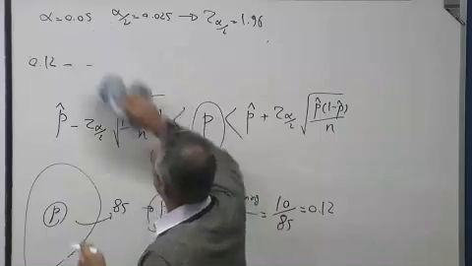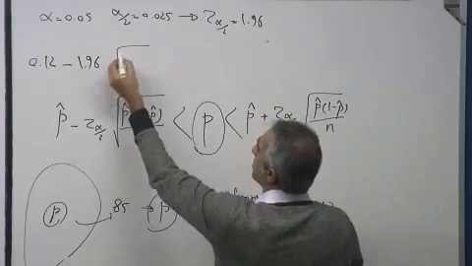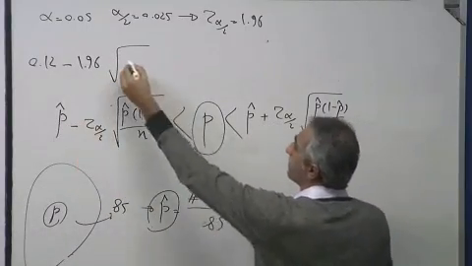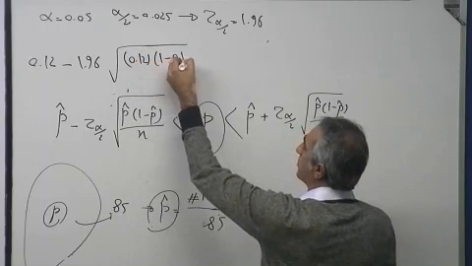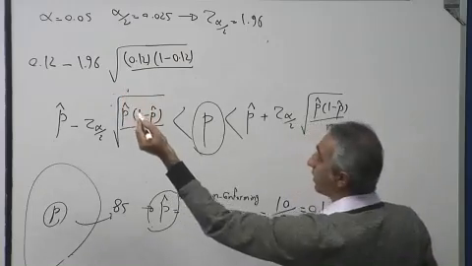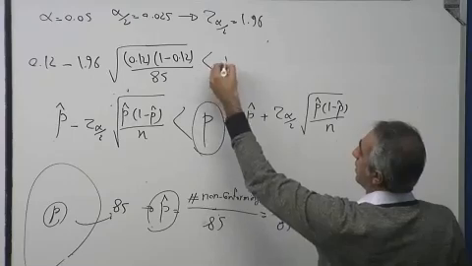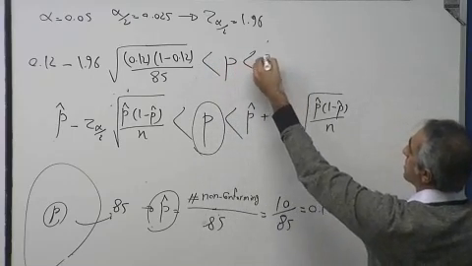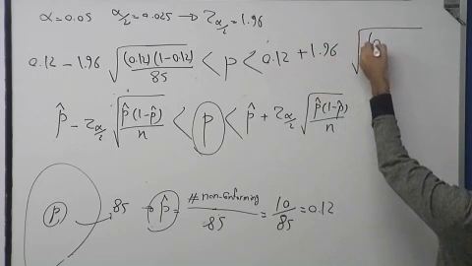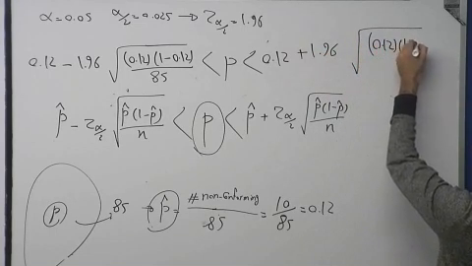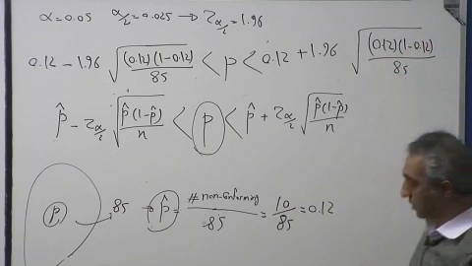So 1.96 times the square root of 0.12 times (1 minus 0.12) divided by n, which is 85 in this case. And the upper bound is the same thing with the positive sign.